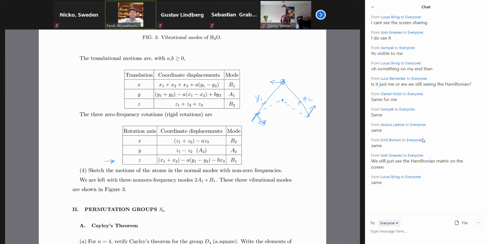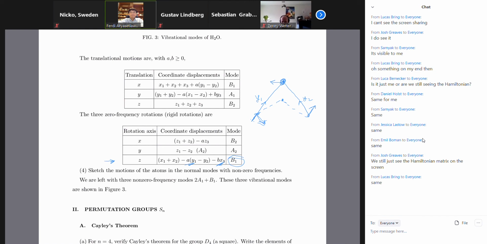That's why I have minus y1 here. And for the oxygen atom, it's just x3. Then if you go back to the table on the previous page, you can see that this particular combination belongs to B1.